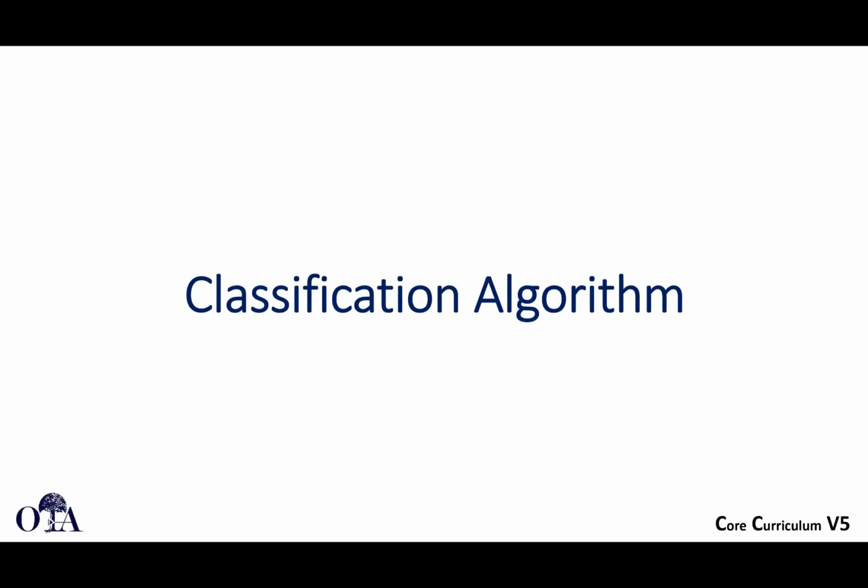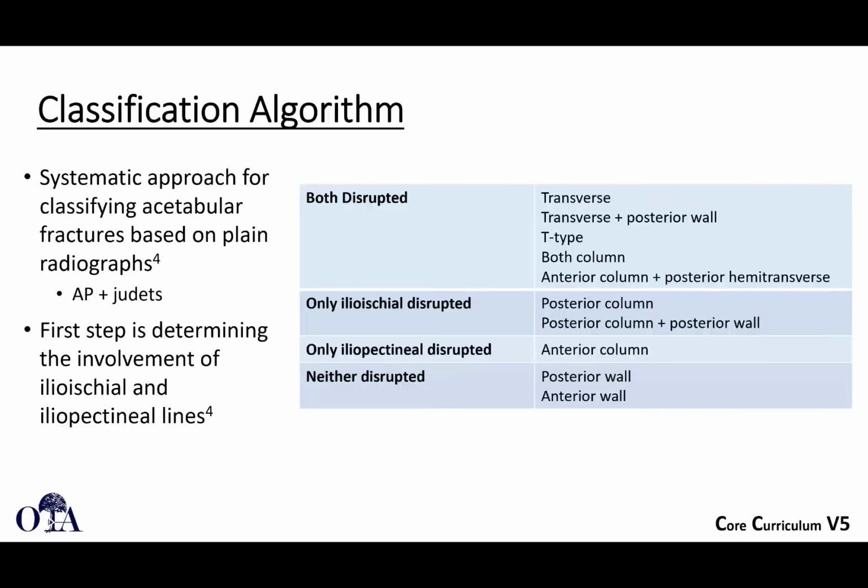So let's talk a little bit about a classification algorithm. There are some ways that you could determine the fracture type, maybe not based on just pattern recognition, but by using an algorithm. So for instance, if you want to assess it this way, you would first determine, is there involvement of the ilioischial and iliopectineal lines on your radiographs?